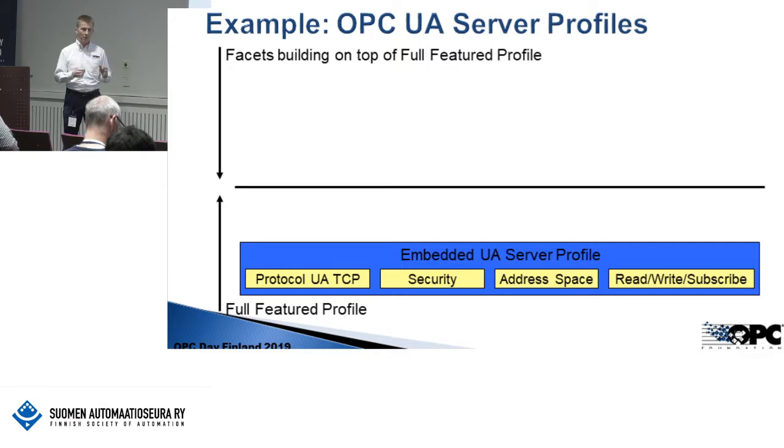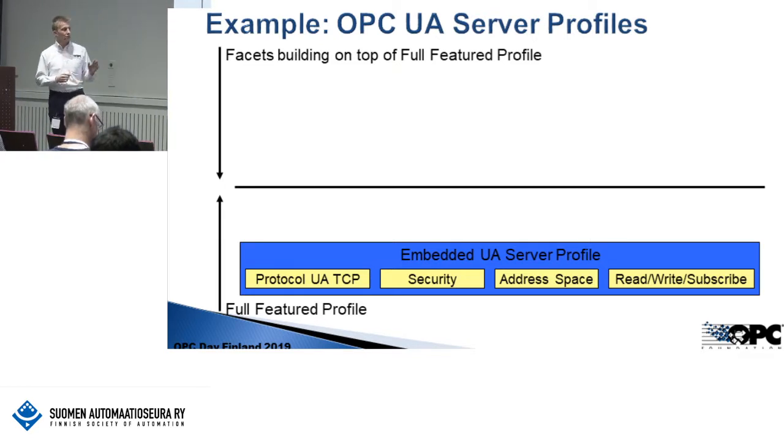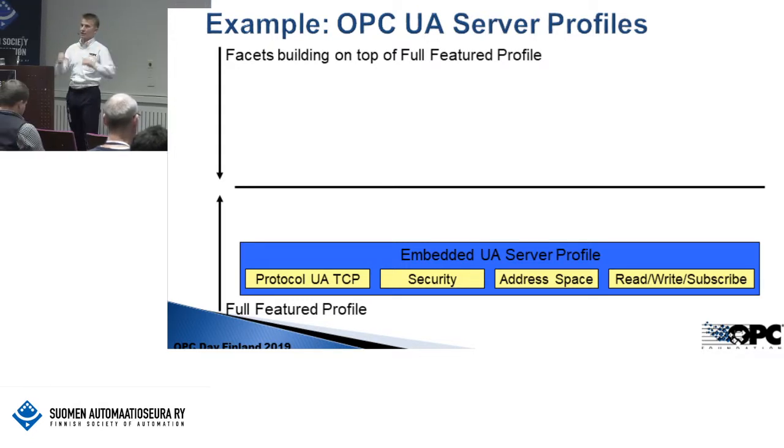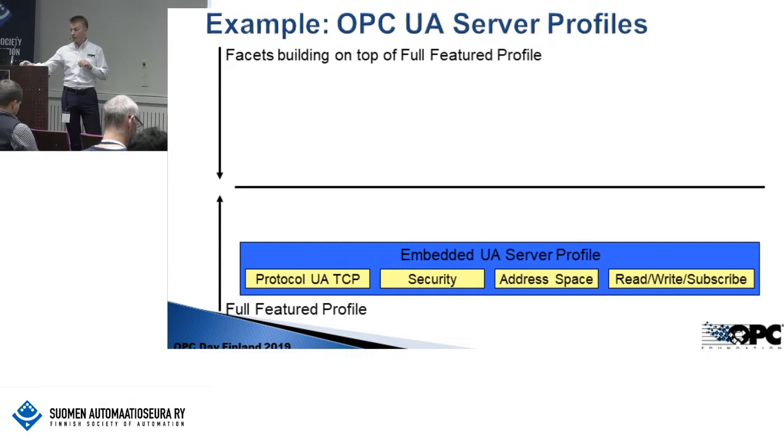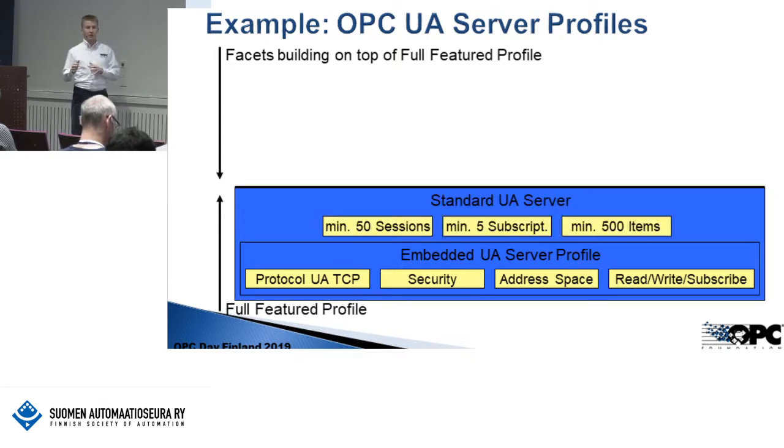That means there's everything inside. In that case, we use a server as an example. You have a protocol, you have security, you have the address space to browse through everything, to get the information that you need, or that you want to read, write, or subscribe. So a full-featured profile really consists of everything you need to have a fully functional product or OPC UA interface to such. Now, those full-featured profiles can extend each other.